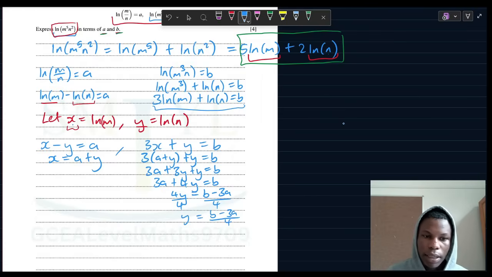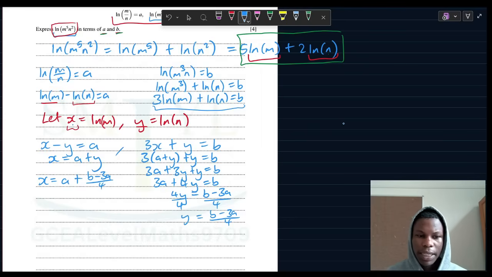And so we can come back to x here. Since we now know what y is in terms of b and a, we can come back to x and solve for x in terms of b and a. So x is a plus y, which is a plus (b minus 3a) over 4.